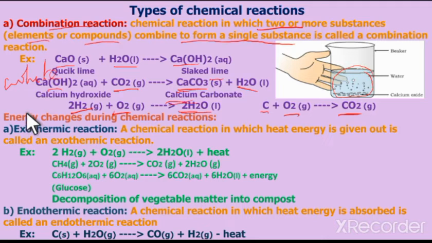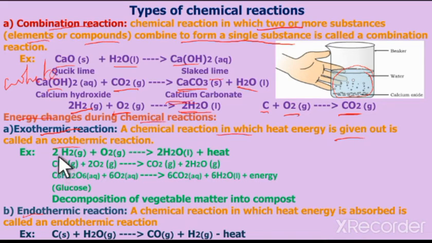Now, based on the energy changes during chemical reactions, these are mainly classified into two kinds: exothermic reactions and endothermic reactions. A chemical reaction in which heat energy is given out is called an exothermic reaction.